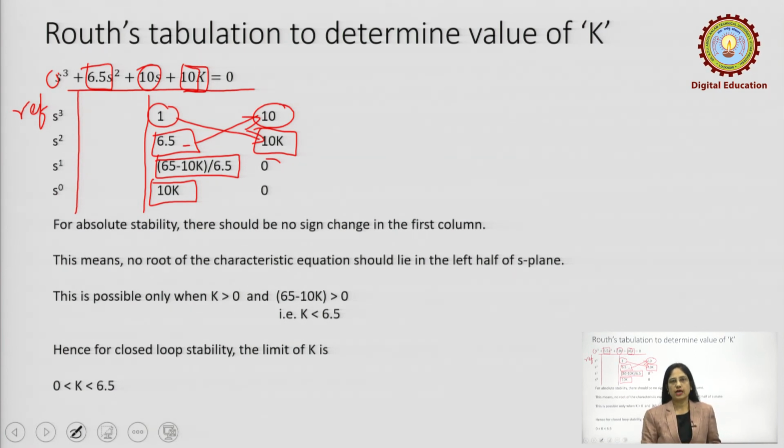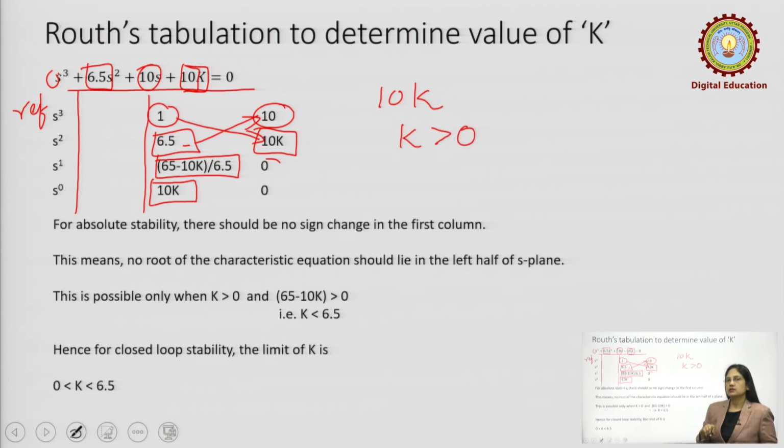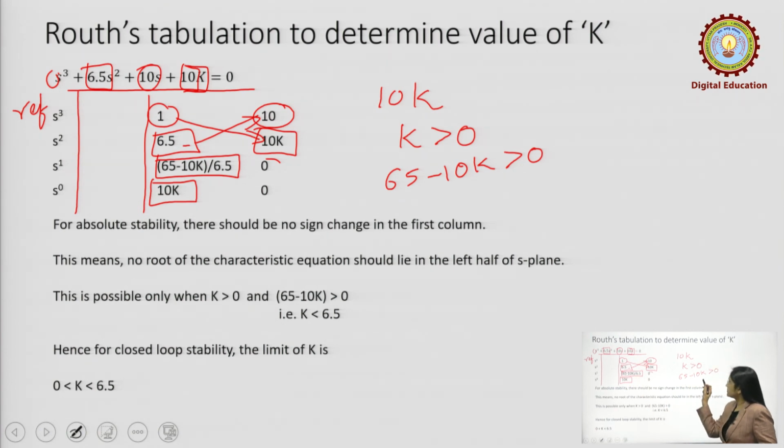If all the elements have a positive sign, there are no roots in the right half of the S plane. There are two elements having the term k. Here we can see that for 10 k to be positive, k should be greater than 0, and for the first element of the third row to be positive, the numerator 65 minus 10 k should be greater than 0.